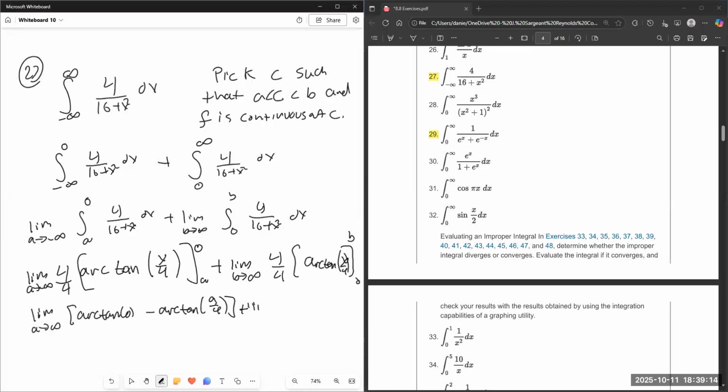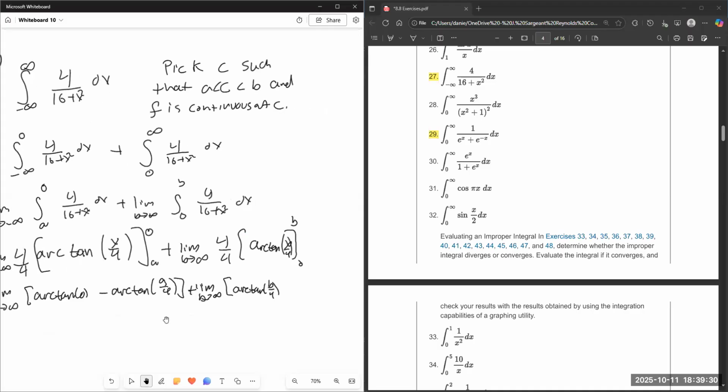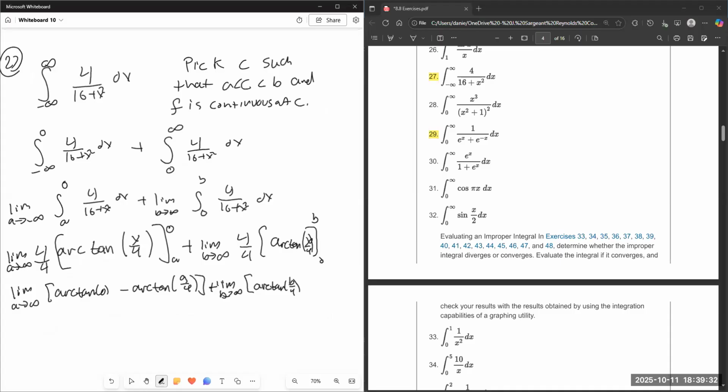plus limit as b goes to infinity of arctangent of b over 4 minus arctangent of 0. Arctangent of 0 is 0. So this is limit as a goes to negative infinity.